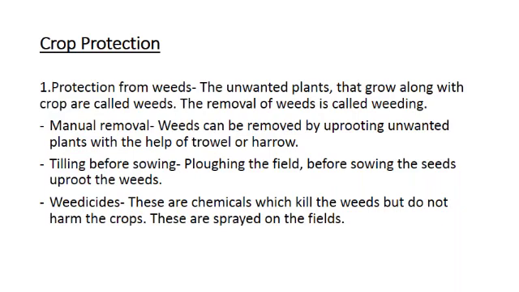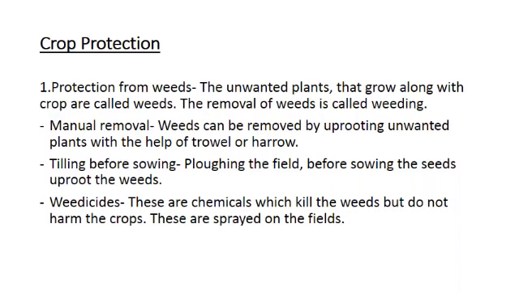Number one is manual removal, means we can remove weeds by our hands, and these weeds can be removed by uprooting unwanted plants with the help of trowel or harrow. What is trowel?